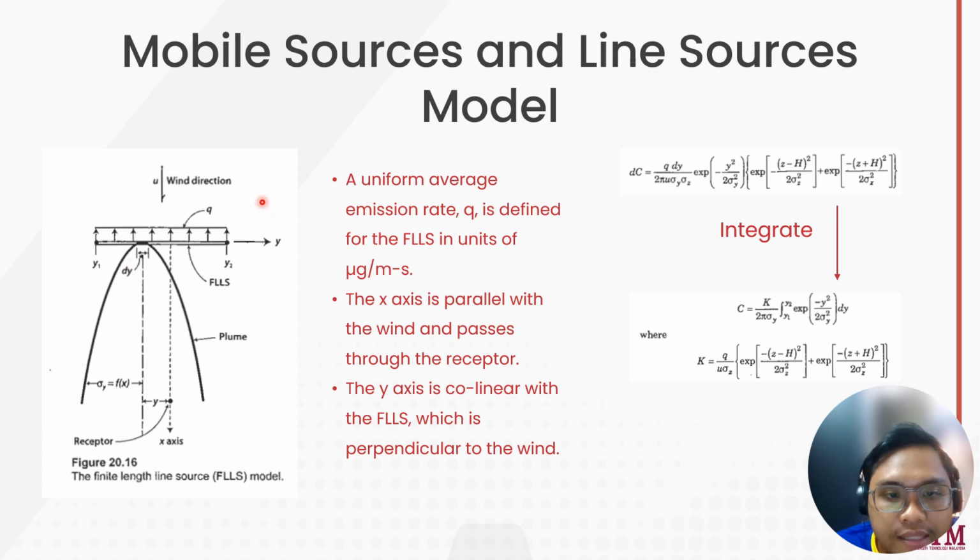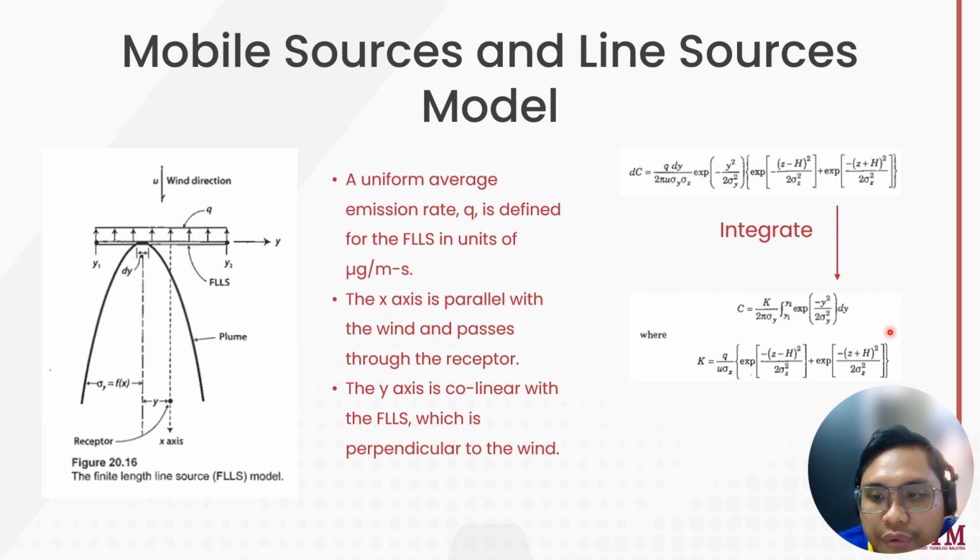The y-axis is collinear with the FLLS, which is perpendicular to the x direction. Since sigma y and sigma z are constant with respect to y, the above equation can be integrated over the FLLS and written as the equation below.